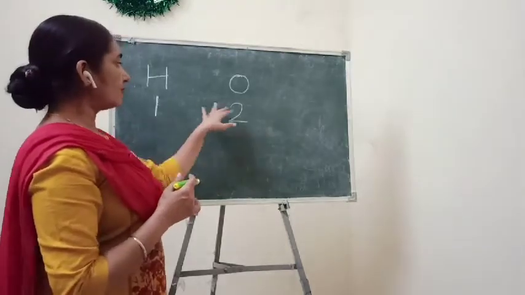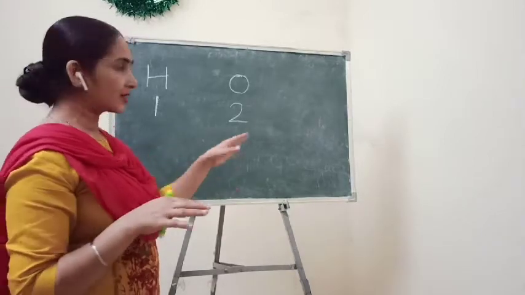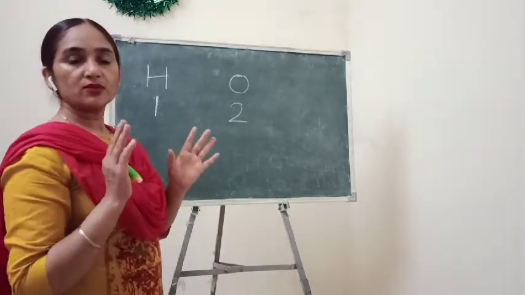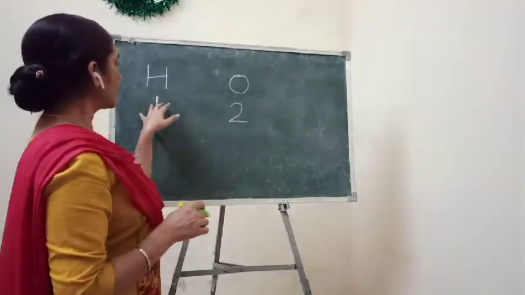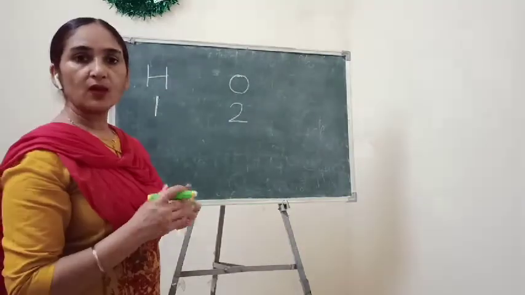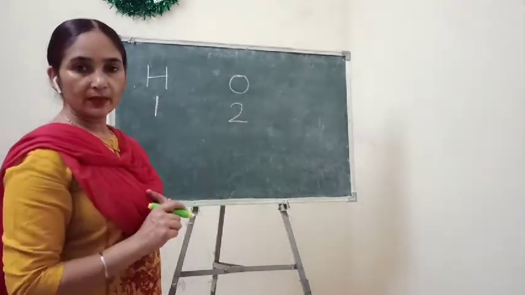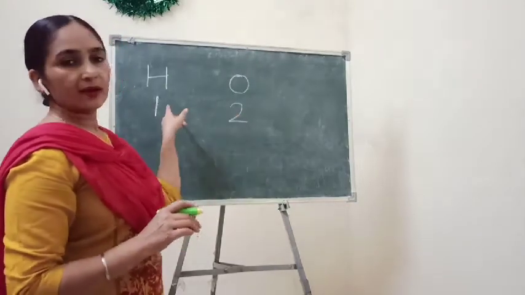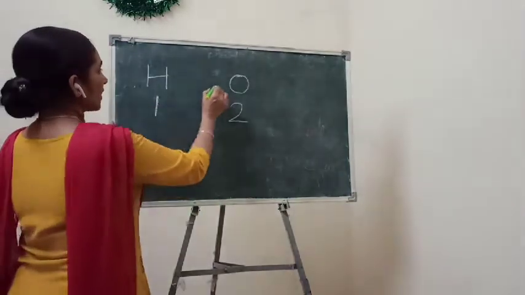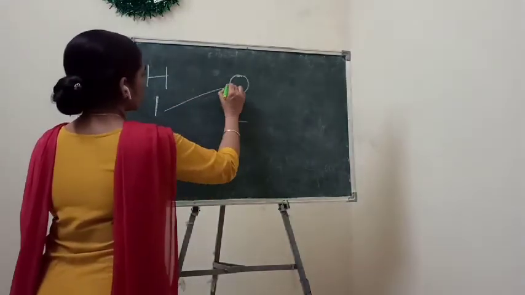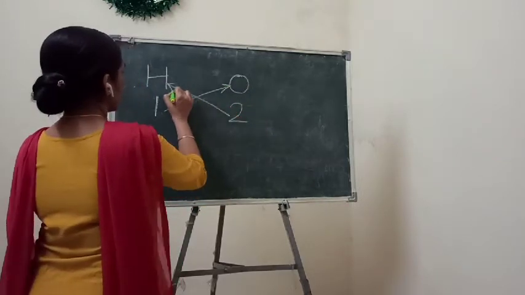Means we can further simplify, cancel them, or convert them into a simpler form. Or you can check in this way also, whether both numbers can come in a single table or not. These both cannot come in a single table, so they can be written as it is. So what to do? This 1 will go to O and this 2 will go to H.